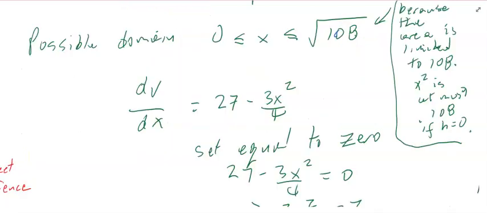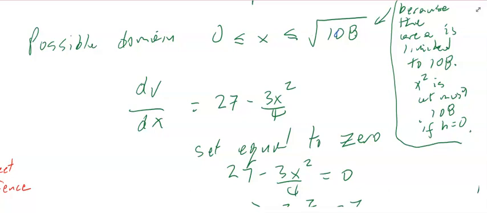So let's do it. For a possible domain for x, we want x to be a positive number, so we set x greater than or equal to 0. And we also know that the total surface area will be 108.